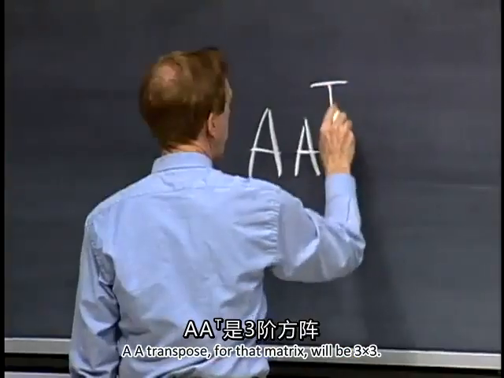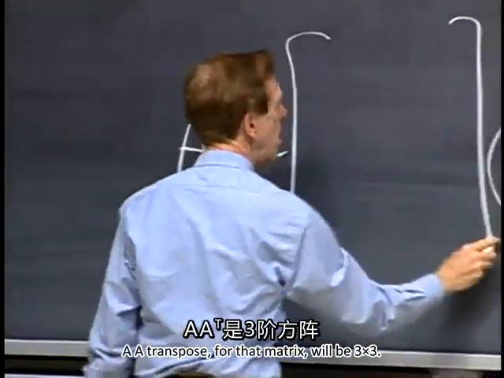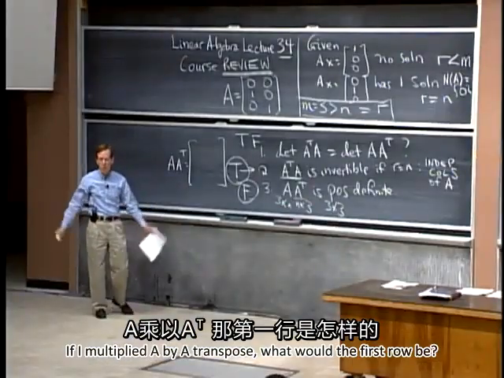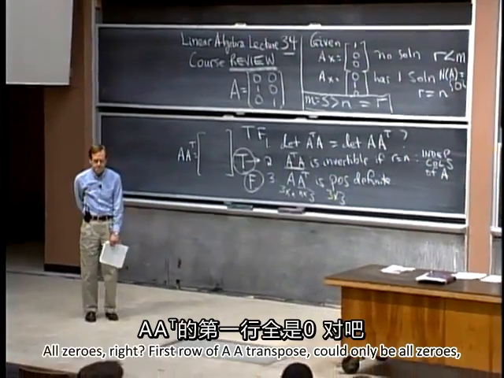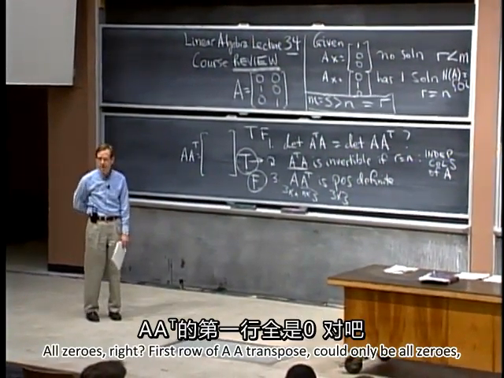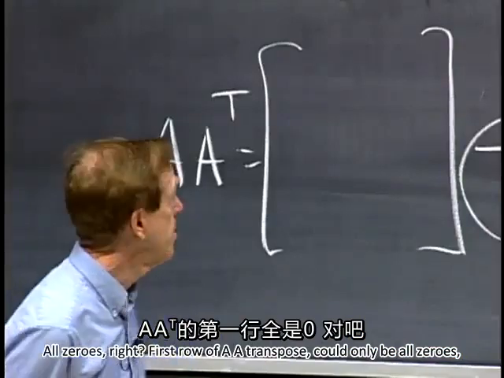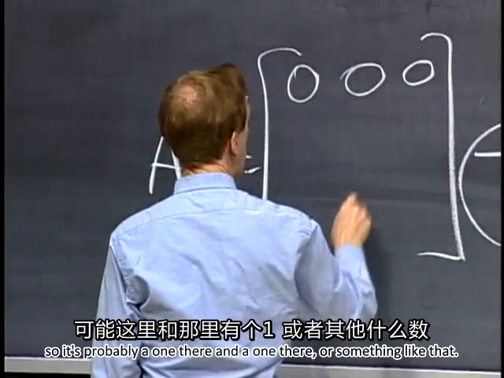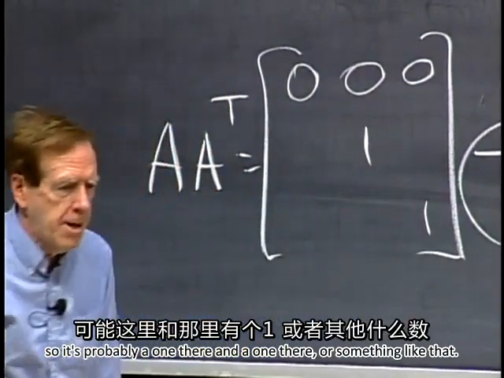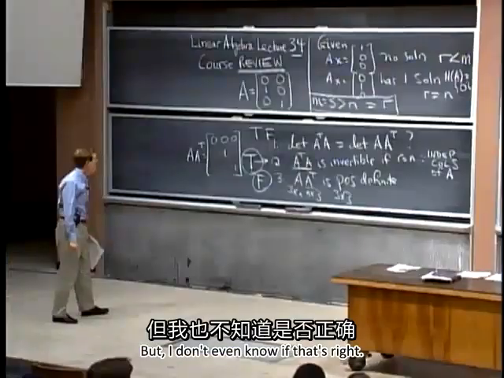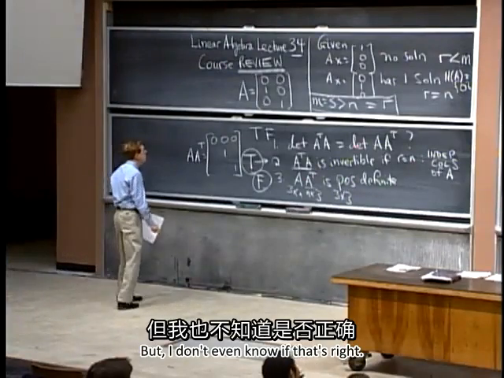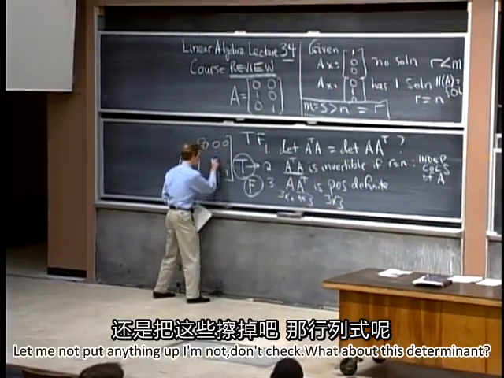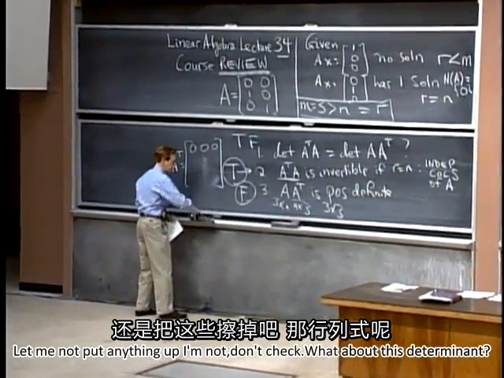AA transpose for that matrix will be 3 by 3. If I multiplied A by A transpose, what would the first row be? All zeros, right? The first row of AA transpose could only be all zeros. So it's probably a 1 there and a 1 there, or something like that, but I don't even know if that's right. But it's all zeros there, so it's certainly not positive definite.